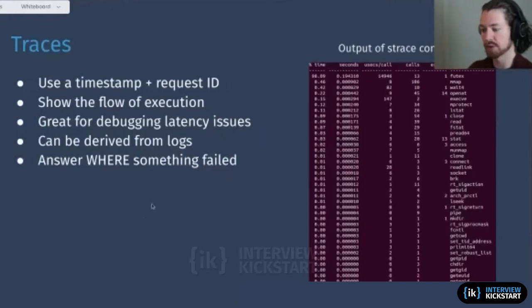If you have a microservice architecture, a request comes in from a user's browser or phone app, and it hits a bunch of services. If it breaks along the way somewhere, traces are meant to help track where it went, how much time it spent with each service, and where it might have been lost or broken down.